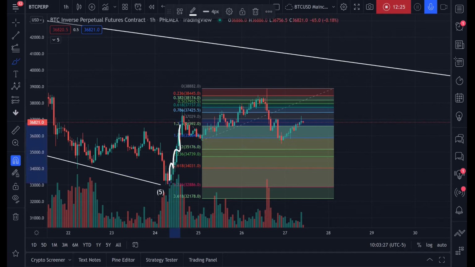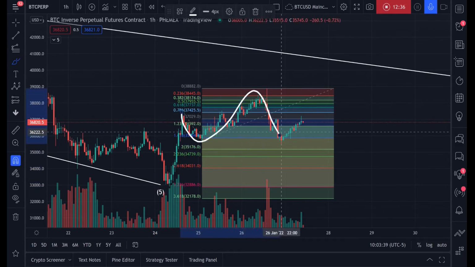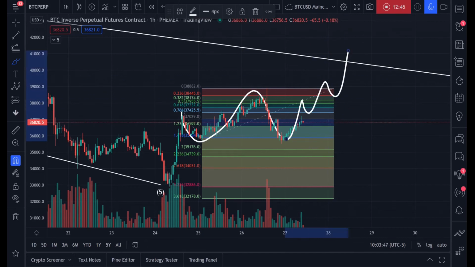This 5 wave impulse is finished. It's done. It's a standalone. Nothing else is coming of it. What do we know about once you get a correction after a 5 wave impulse? Typically you can continue, right? That's likely.